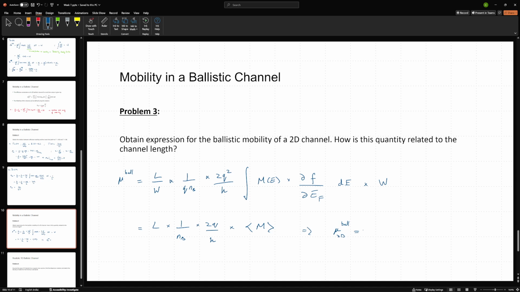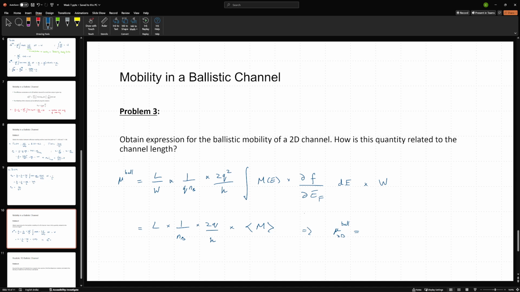It does not change if I make my material larger or smaller. It may change with temperature, sure. It may change with the internal structure of my device. So typically, the only things that can change mobility are the charge carrier concentration itself or the temperature. These are the only two quantities that can change it.